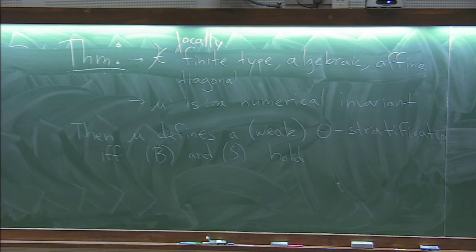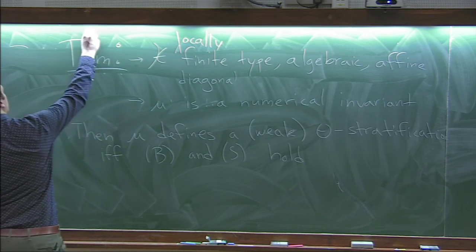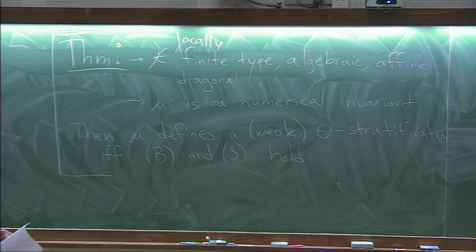So in other words, these two conditions that you think about trying to reflect the nature of the Harder-Narasimhan theory, it turns out that those are necessary and sufficient. So that's the main theorem.